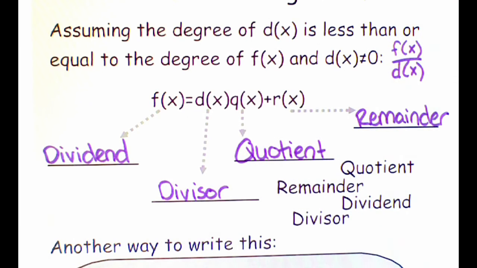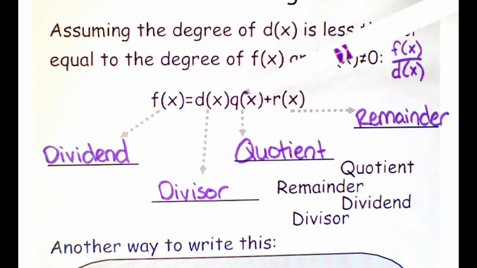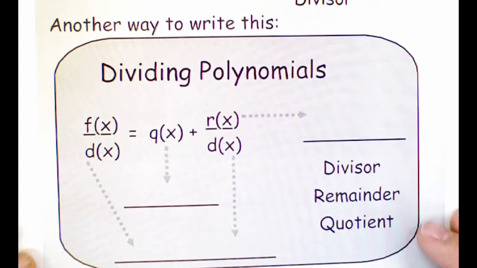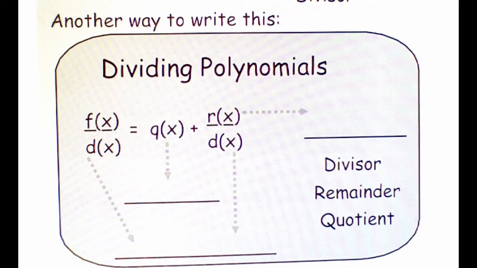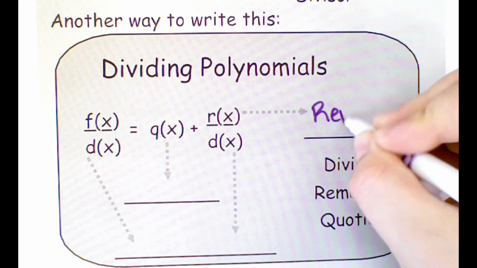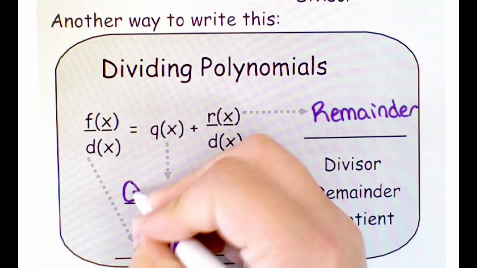The division algorithm says I can take a function and rewrite it as two things multiplied together plus a remainder. What I divided by times what I got plus the remainder. We can also write it in fraction form. So this is still the same thing. R of x is still my remainder. Q of x is still my quotient.